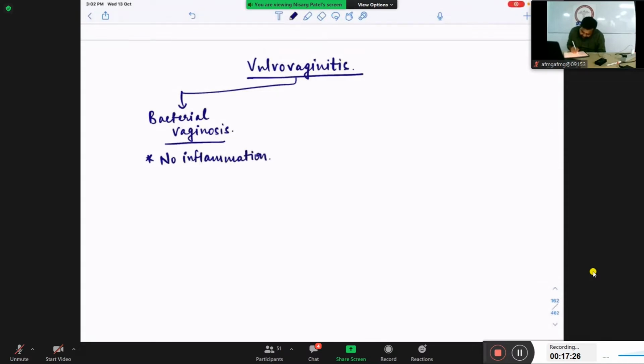So if they ask you in which vulvovaginitis inflammation is absent, the answer is bacterial vaginosis. It is caused by the bacteria Gardnerella vaginalis.